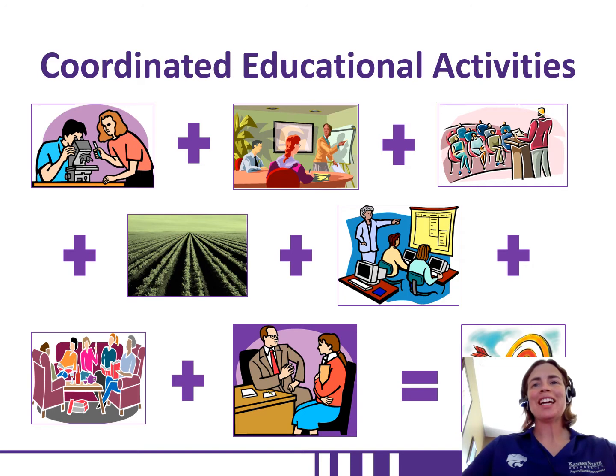And I know it's hard to see, I think my picture is covering this, but the last equal sign there is an arrow and a bullseye. So making sure that all of your educational activities are directly in response or in coordination of hitting that bullseye and achieving the outcomes that you want to with this action plan.